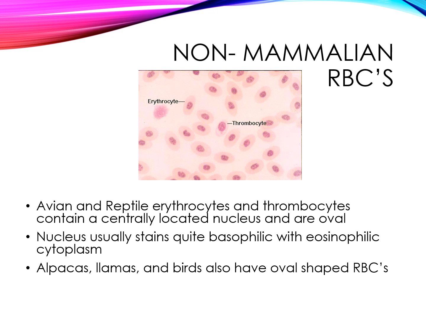The nucleus usually stains basophilic with eosinophilic cytoplasm. So you see that purple or blue in the nucleus, and then you see the red stain or dye in the cytoplasm out around the nucleus. Also, camelids, or alpacas and llamas in that family, also have oval-shaped red blood cells.